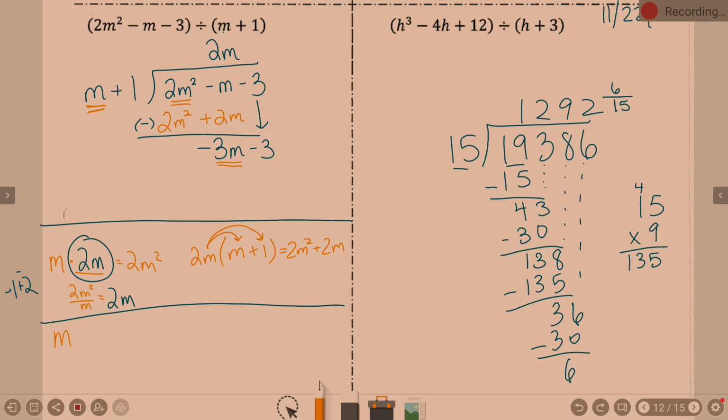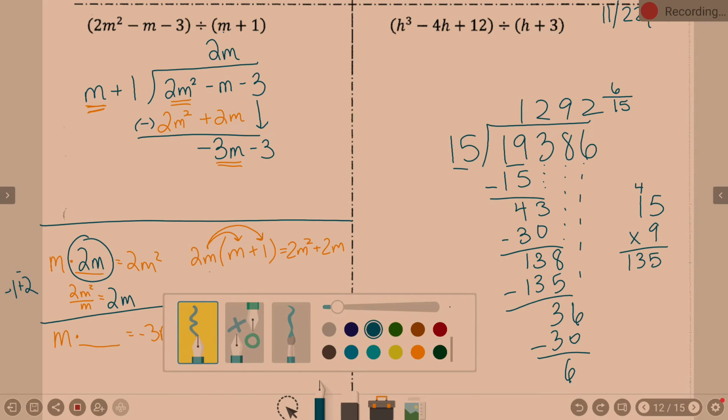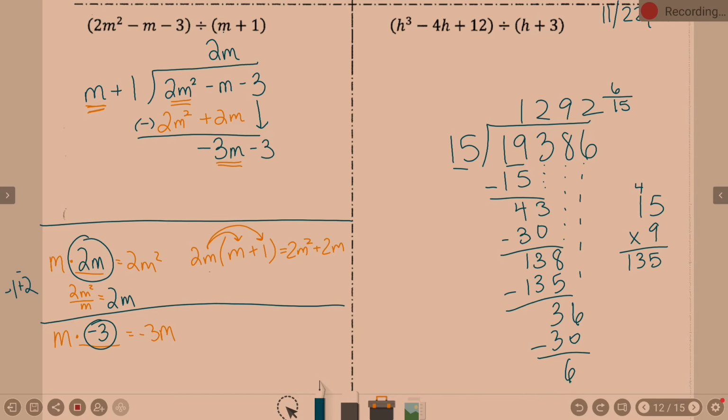Or in other words, m times what is negative 3m? Negative 3. Yeah, m times what is negative 3m? And that is going to be negative 3. What do I do with that negative 3? Put it up top here.